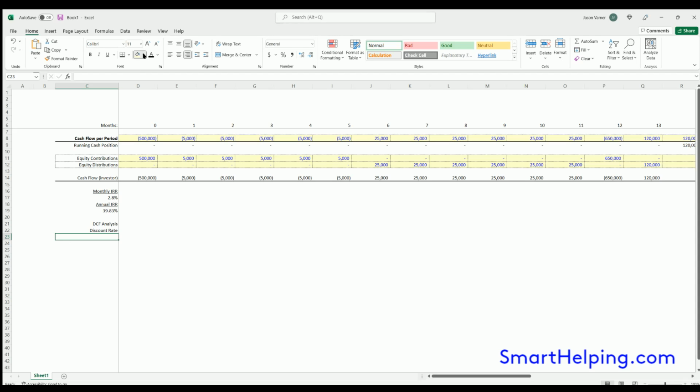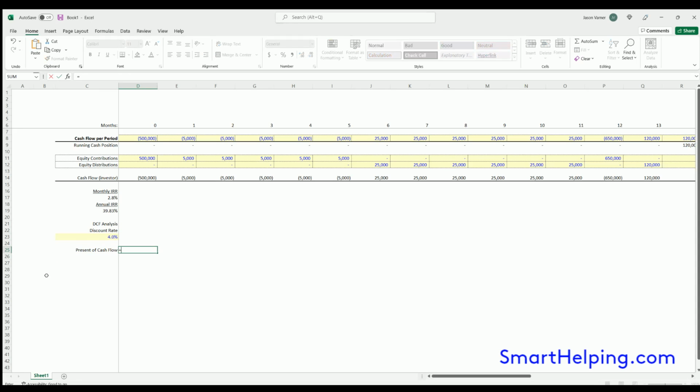And let's say here's our discount rate. Now this is a monthly. So we're discounting these periods. Well, I'll just show you. So we'll say present value of cash flow.